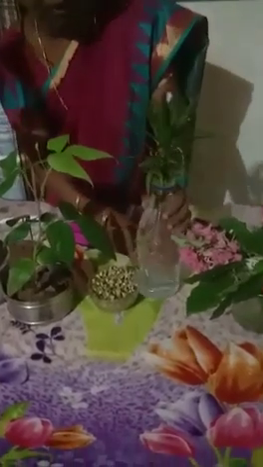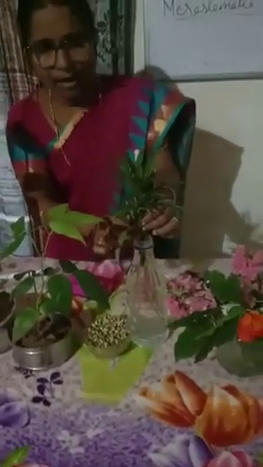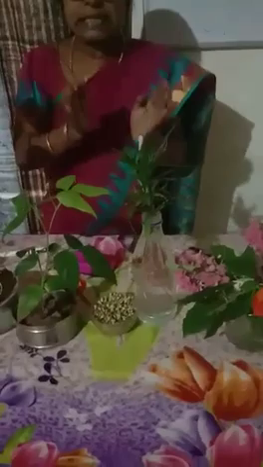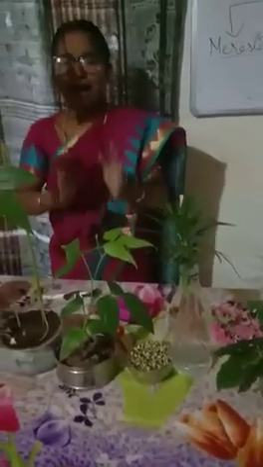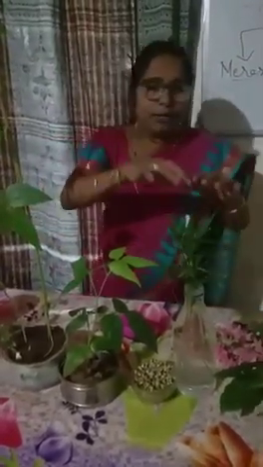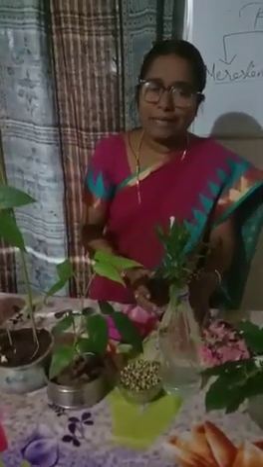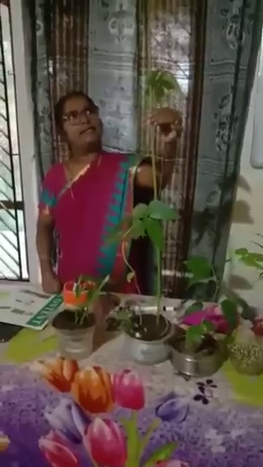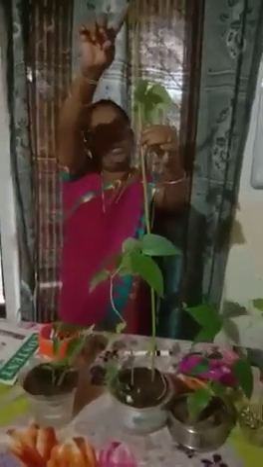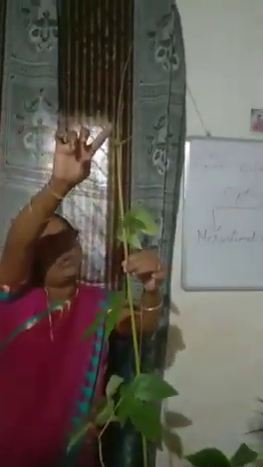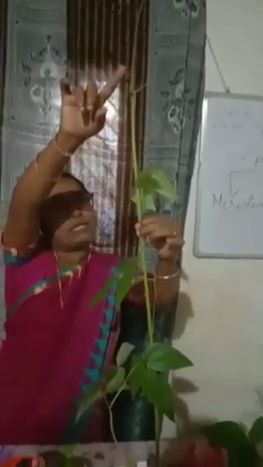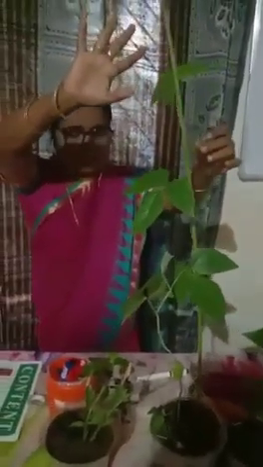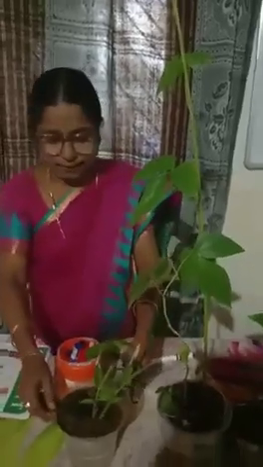Tip of the root, the bark, etc. So the meristematic cells are present in the growing part of a plant. As you can see here, see how the stem is growing. Here the meristematic tissues are present. That is why it is growing.